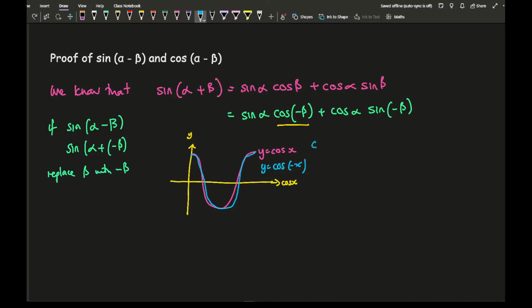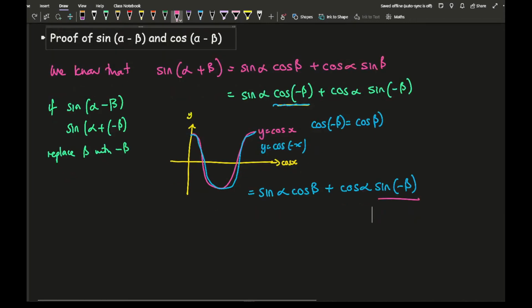So cos of minus beta is the same as cos beta. So rather than writing this, I can write sine alpha cos beta plus cos alpha sine minus beta.